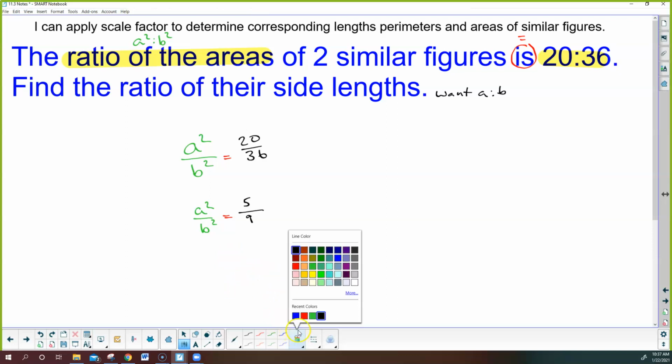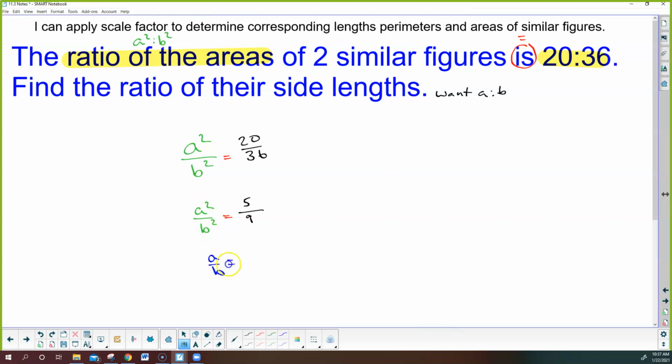Okay, so now the question is, how do I turn the a squared and b squared into just an a over b? Well, to do that, we want to take the square root, but I can't just take the square root of one side, I have to do it to all ratios.